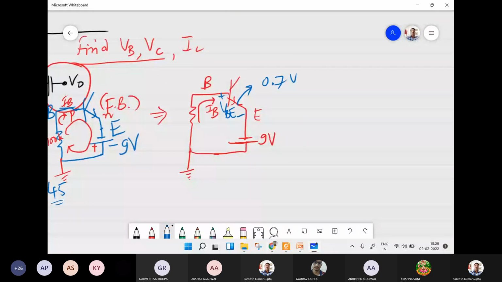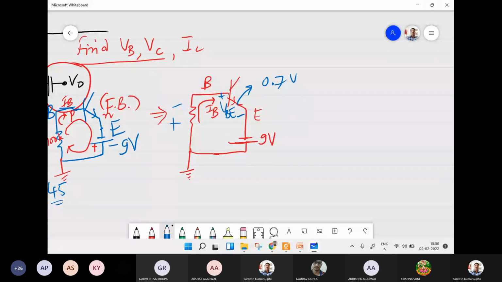Now after this we can write the KVL equation here. So let us say that this is the current flowing here, so the voltage drop is with this polarity here. Now we can apply the KVL into this loop.